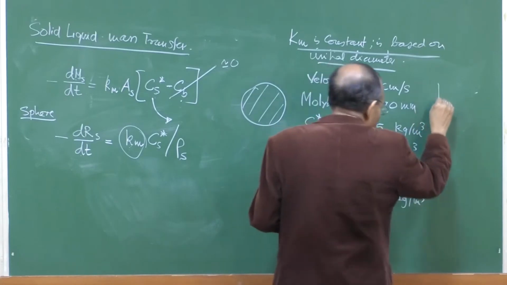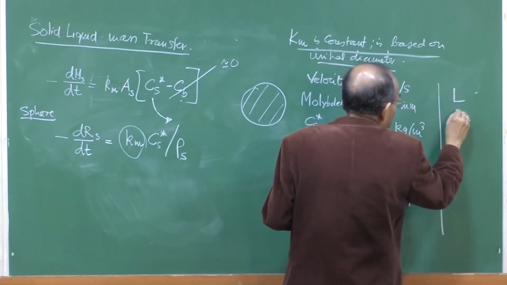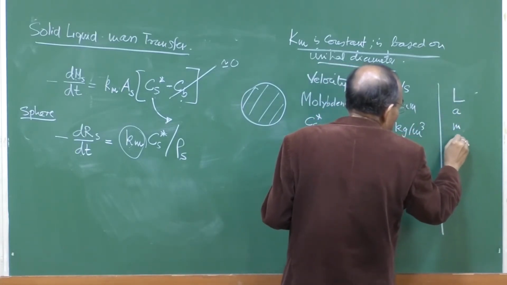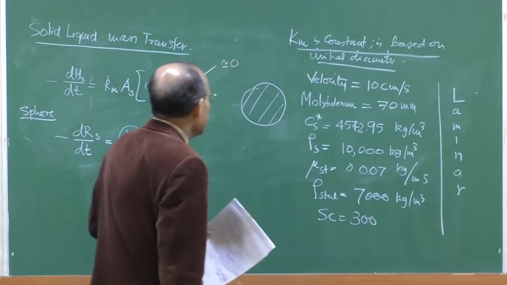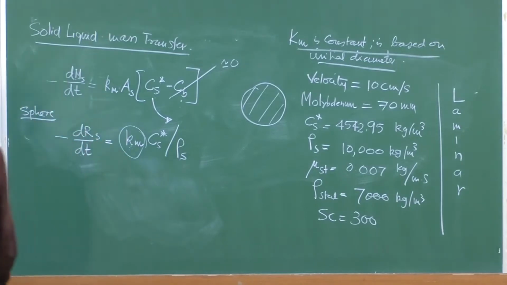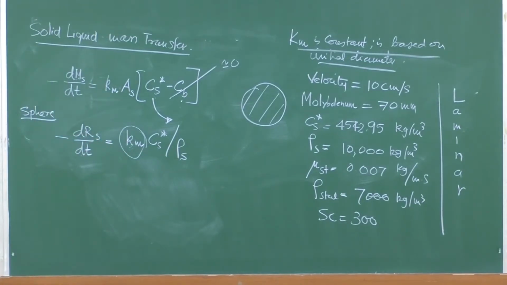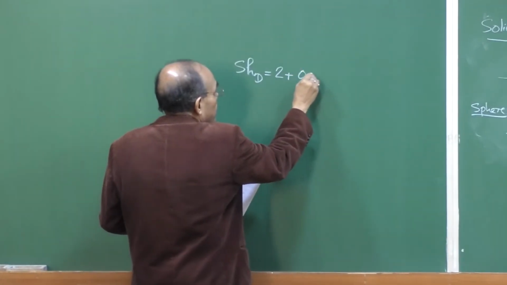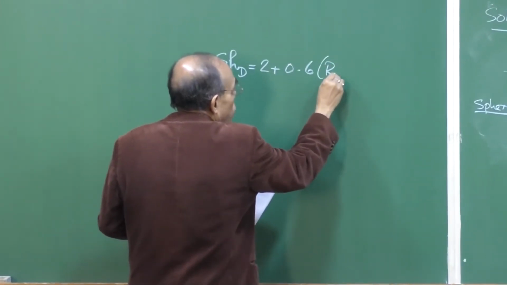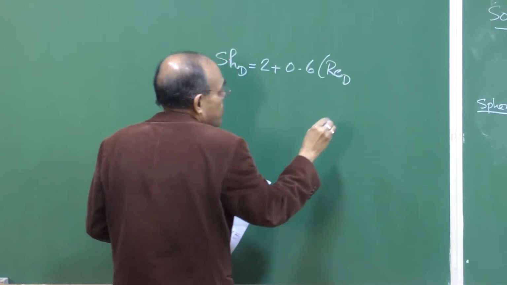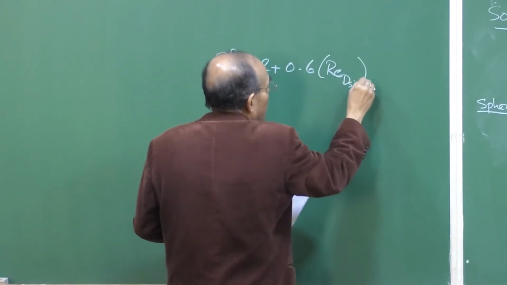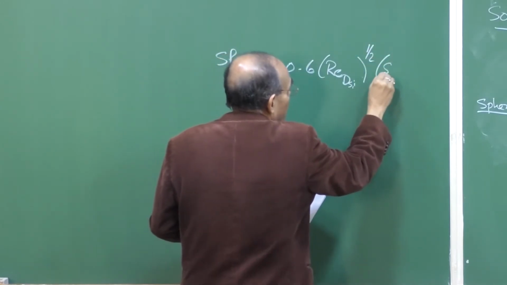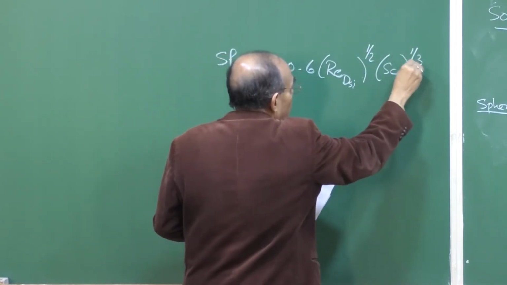And we have to consider, as a first approximation, that the flow around the sphere is laminar and the mass transfer coefficient is dictated by the popular initial diameter based Sherwood number, Reynolds number raised to the power half and Schmidt number raised to the power 1/3.